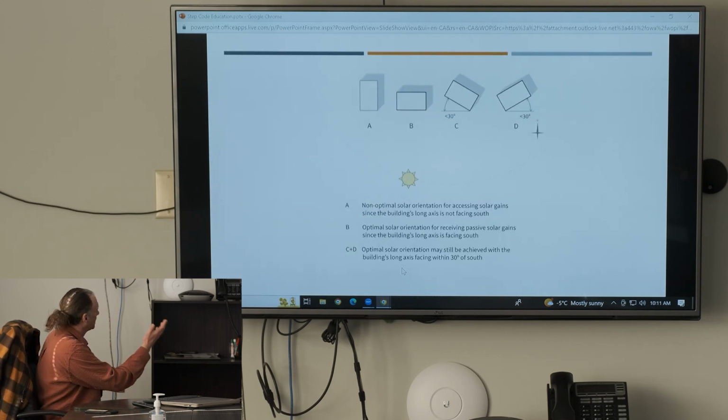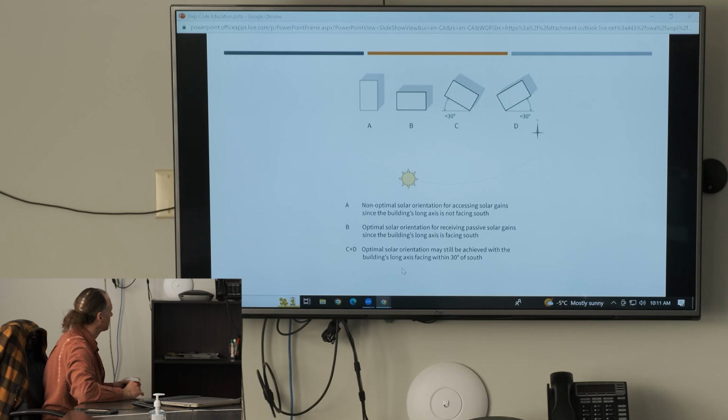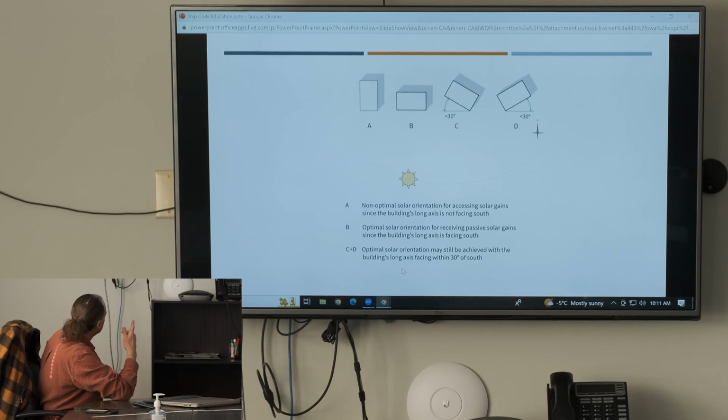So here are some examples. These are buildings where north is up and south is down, kind of like a map orientation. In building A, it's non-optimal solar orientation for accessing solar gains since the building's long axis is not facing south. It's facing either east or west.